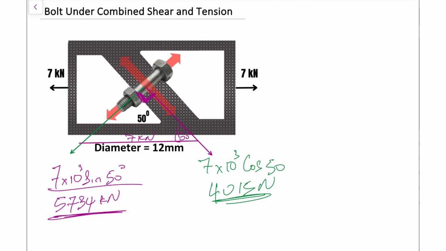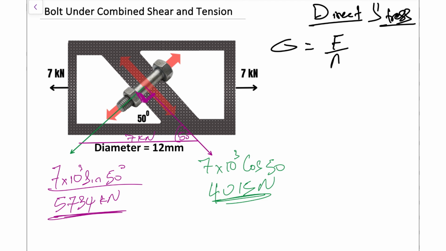So for the stresses, let's start with the direct stress. Direct stress is simply the force divided by the area. We can see what the diameter of the bolt is, so what that will look like. That's just going to be our perpendicular force, which is that 5734 component, divided by the area of the bolt.